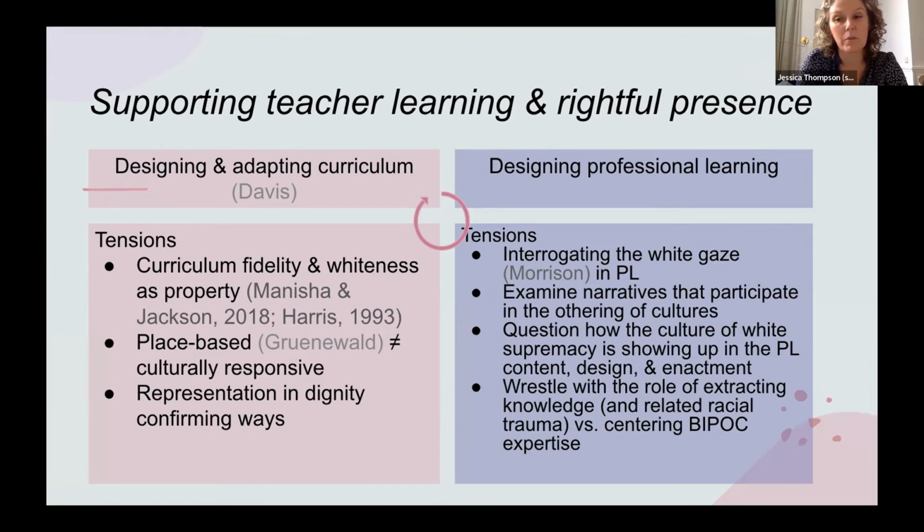As we walked into this problem, we realized there are other sets of tensions that we're up against. One that I think people are focused on is teaching with fidelity to a particular curriculum.